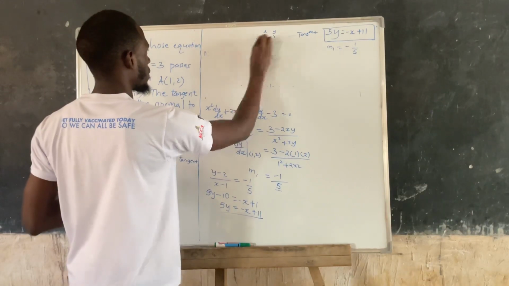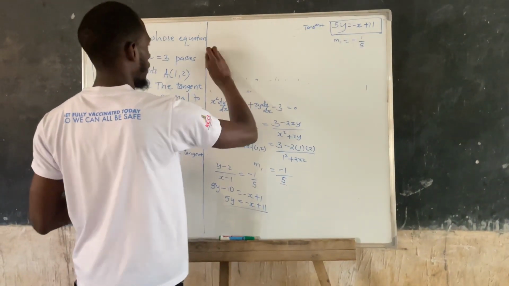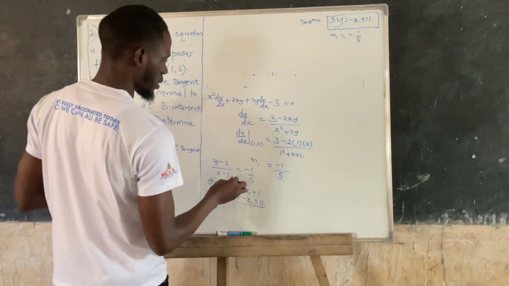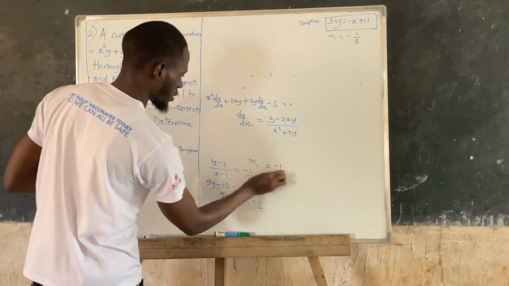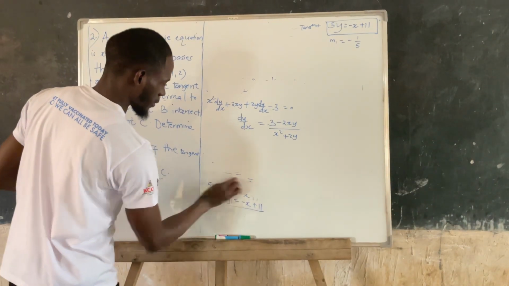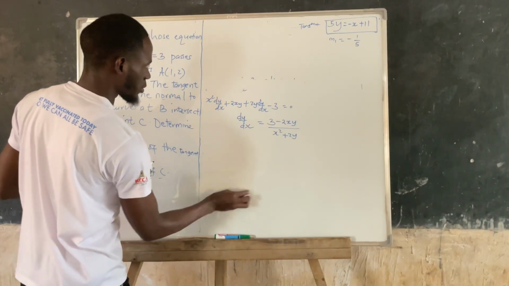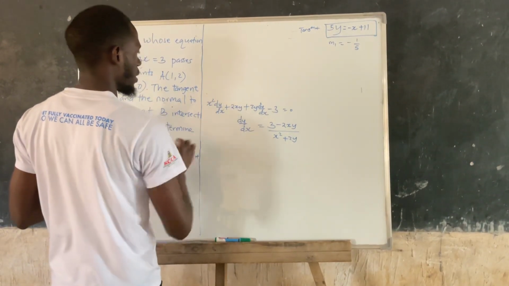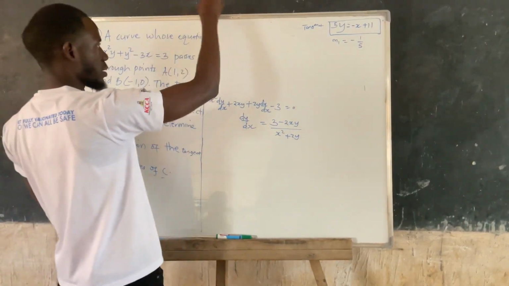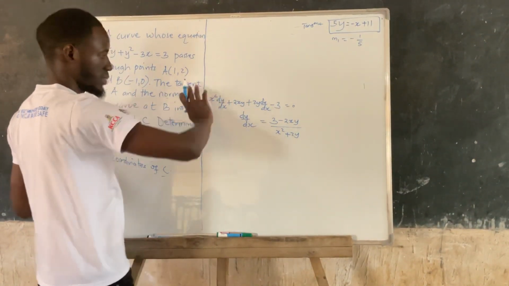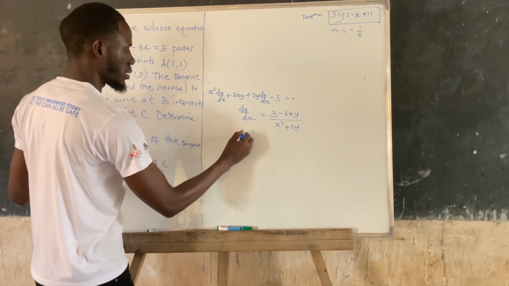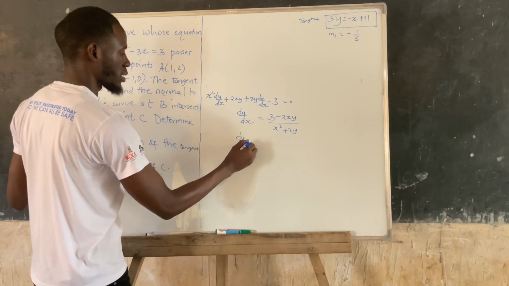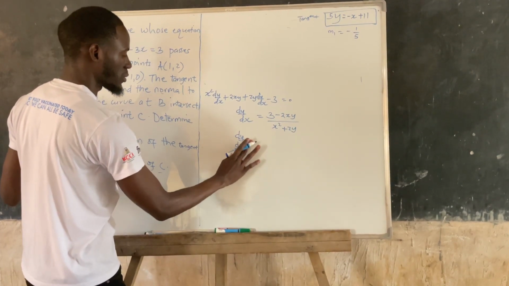Now I'm going to go at point B. At point B, the value we are substituting at this point is going to change a little bit. This is where I'm going to start from. Because it is the same curve, it has the same gradient function, but the points where the gradient is got from are going to change a little bit.